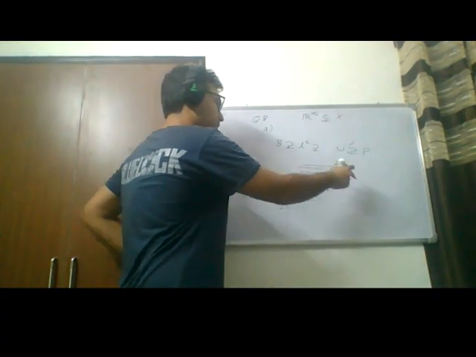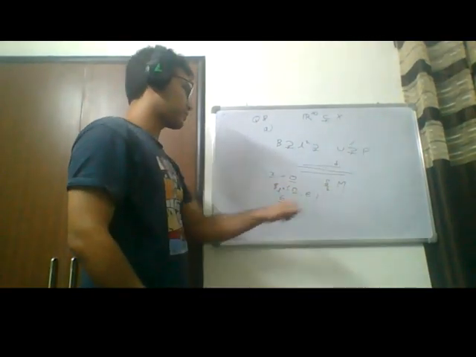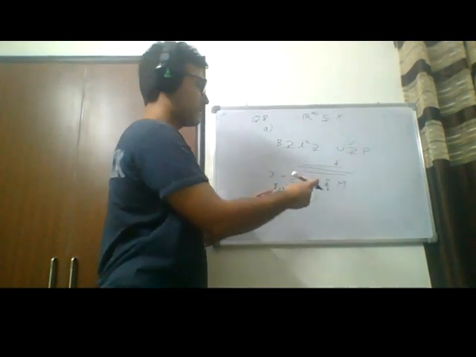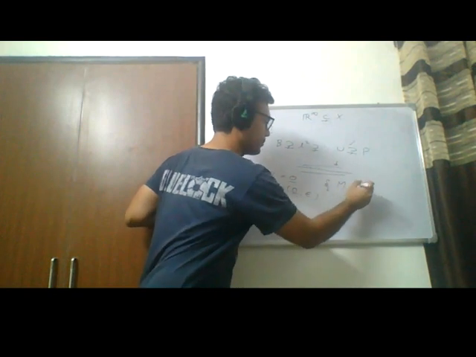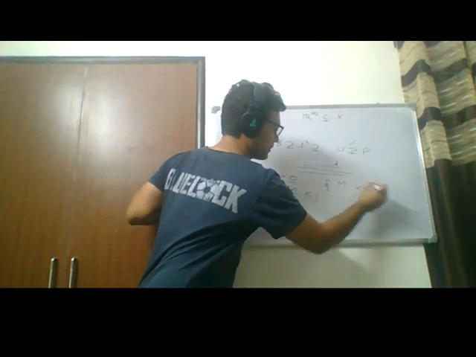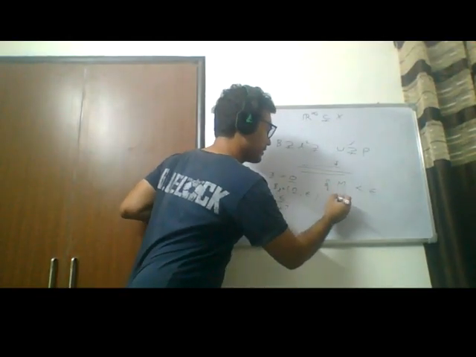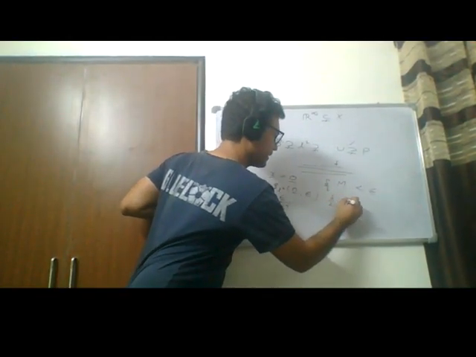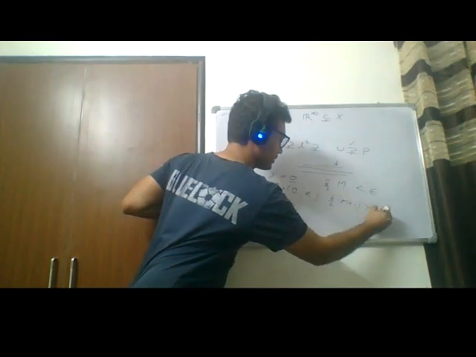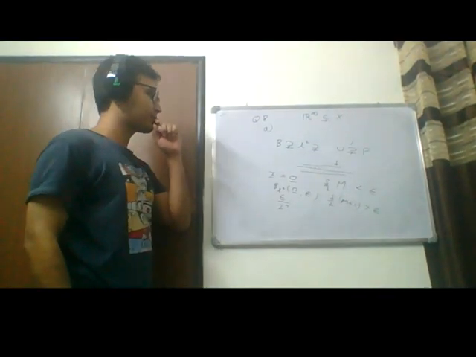The choice of m will be elaborated on later, so let's just go with it. Choose an m such that delta by 2 m is less than epsilon. Actually, we can take an m such that delta by 2 m plus 1 is greater than epsilon. So let's take that.